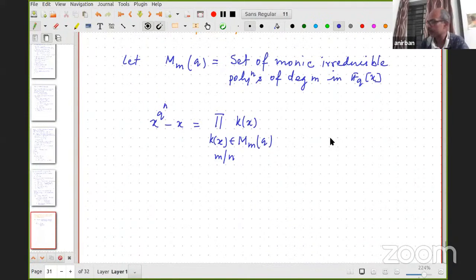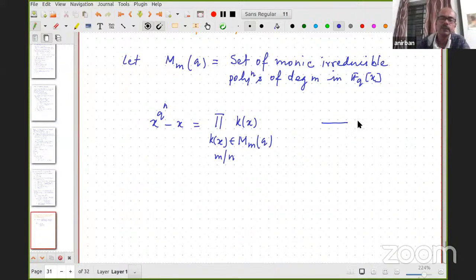So let's have another notation. This is an equation which we get from our last two lemmas and whatever we have done so far.